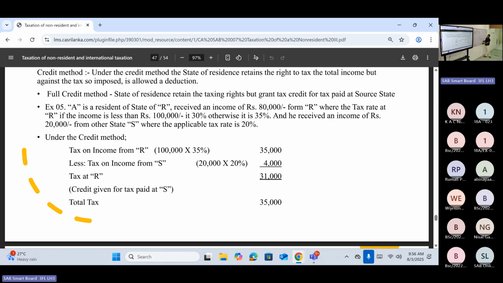In the source country, yes, he has already paid 4,000. So how is this taxed? This is also taxed at 35%. That's how this 35,000 came. So we are giving tax credit.